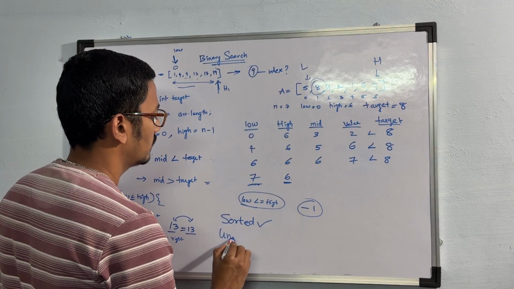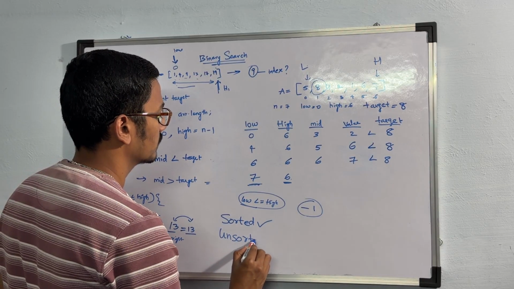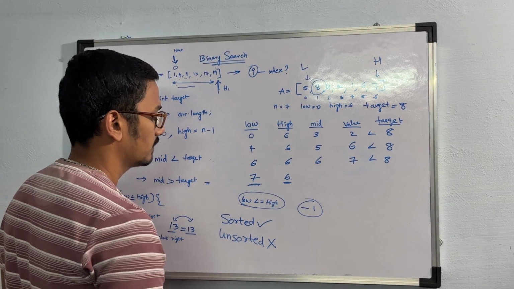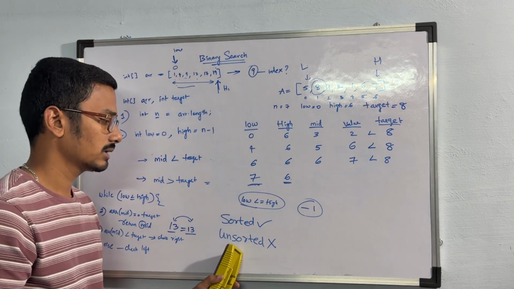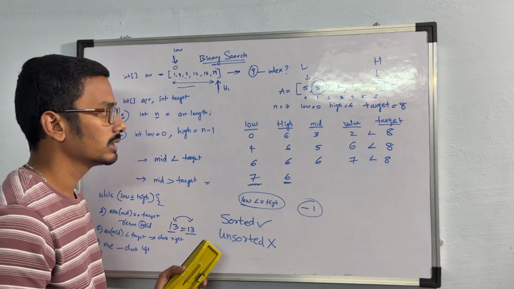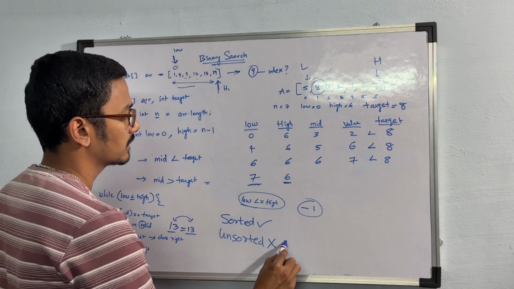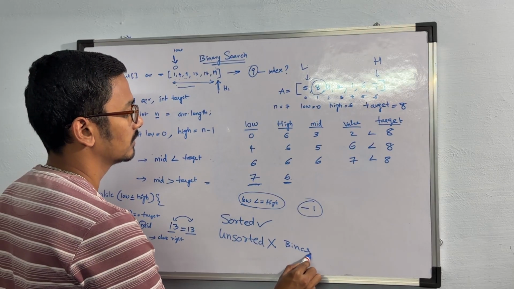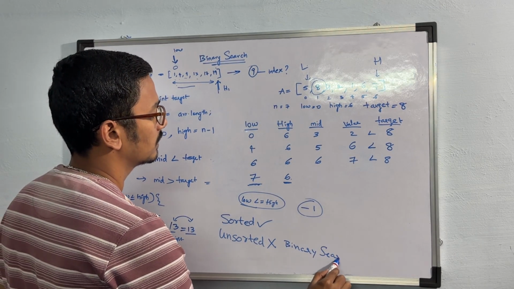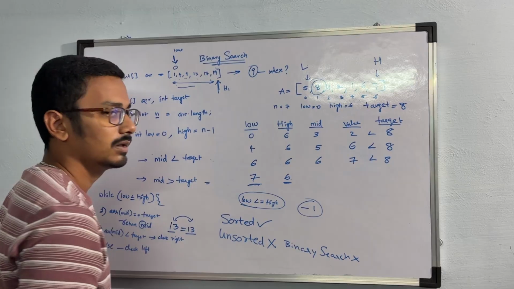For unsorted arrays, we don't use this particular binary search. It won't be applicable. So that is it.